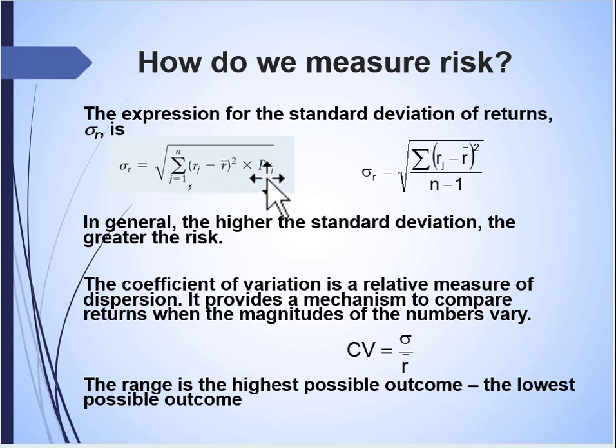Take the probability, multiply by the chance of it happening, and again, we add those things all up. Take the square root, gives us this thing called standard deviation. So in general, the higher the standard deviation, the greater the risk. One of the things we can do, though, is divide the risk by return, and that gives us a relative measure of dispersion. So if you're making a comparison, that's a little bit of a better statistic to use.